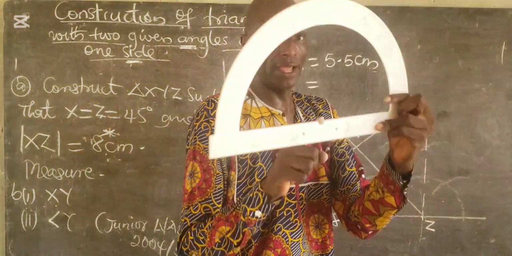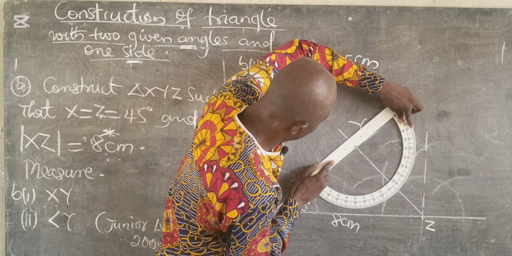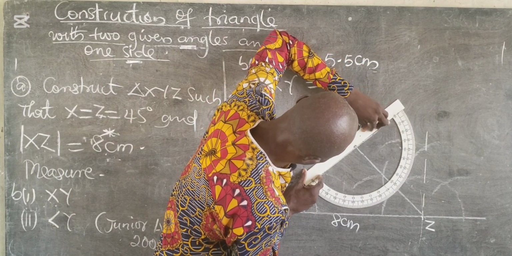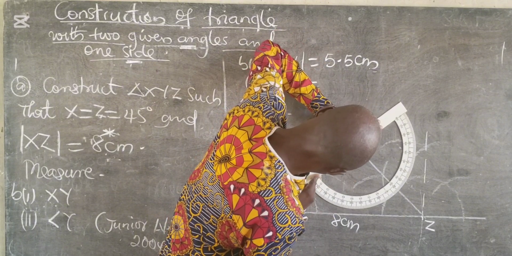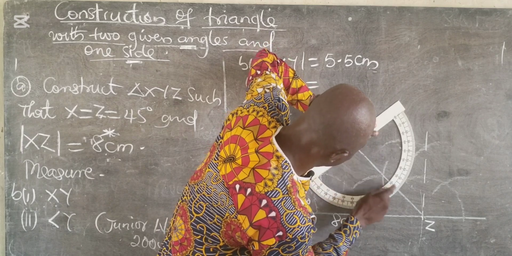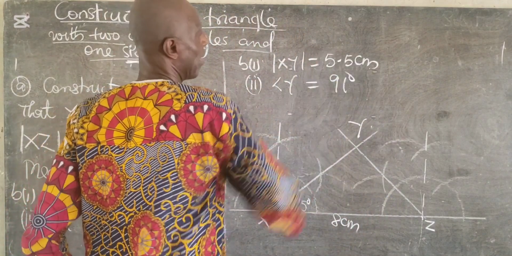So I will place it here on Y. Make sure it's on the line. Then now trace it down. It's 91 degrees.